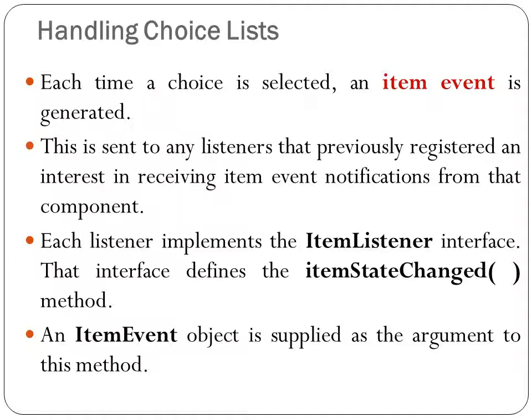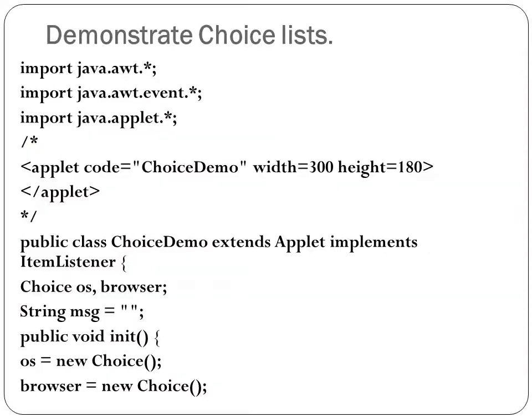Also, we have to implement the corresponding interface, and for item event, the interface we have to implement is the ItemListener interface, and we have to define the itemStateChanged method. An item event object will be supplied as the argument to this method. So when you select an item in a choice, an item event is generated. We have to implement the ItemListener interface, and the item event object will be supplied as the argument.